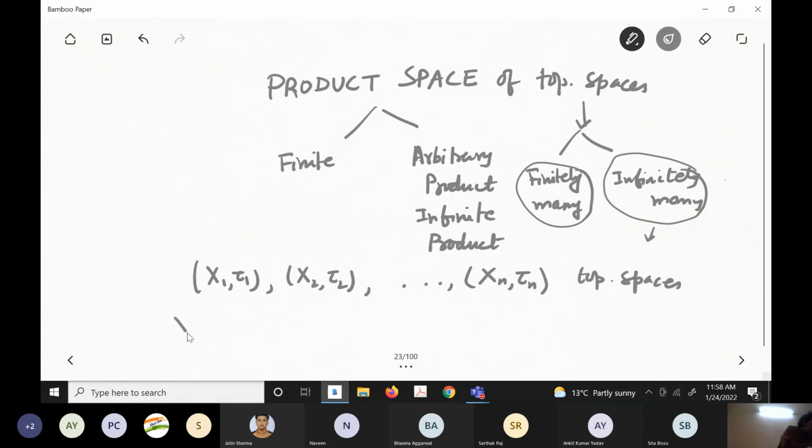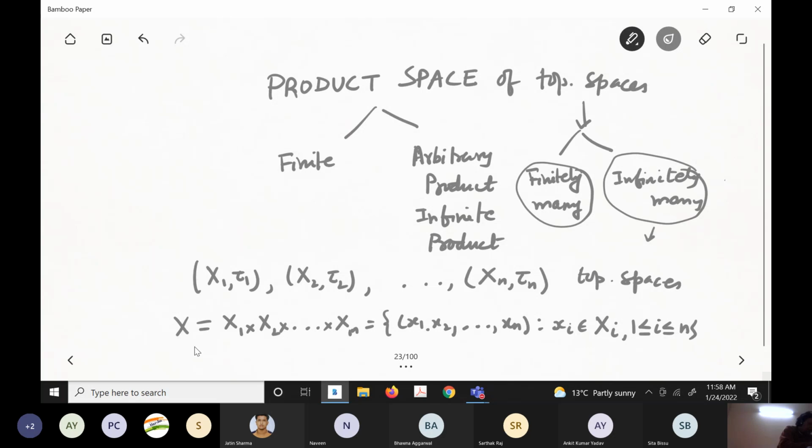Then you have the set X, the product of these. This is called the Cartesian product. This is basically all n-tuples.